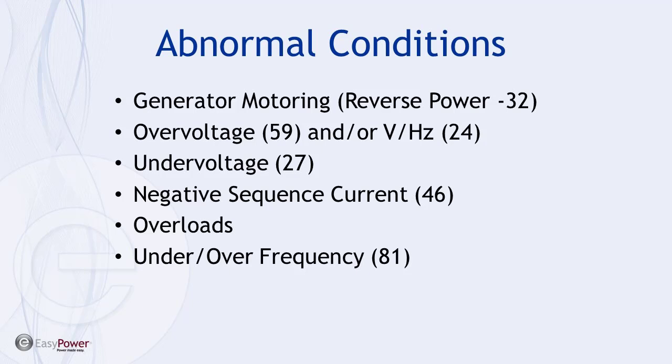Then over voltage and/or volts per hertz, under voltage, negative sequence current, which is related to imbalance or phase-to-phase faults, and that can be particularly damaging to the rotor of a synchronous machine. Overloading of the generator, and then over and under frequency. And we'll look at how we protect against those and why it's a concern.